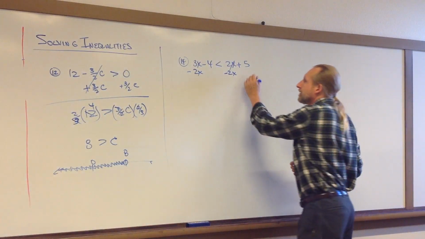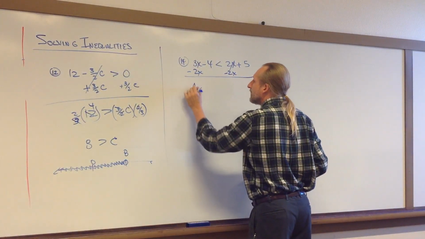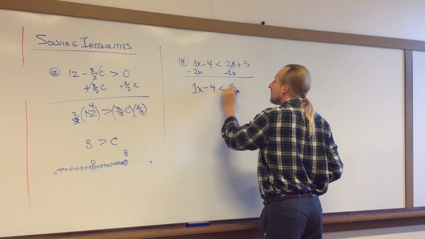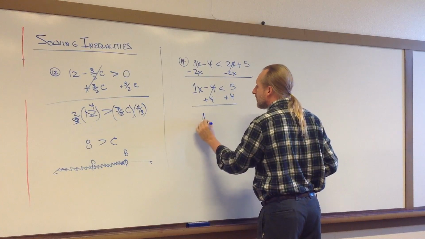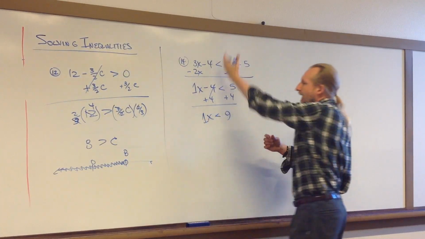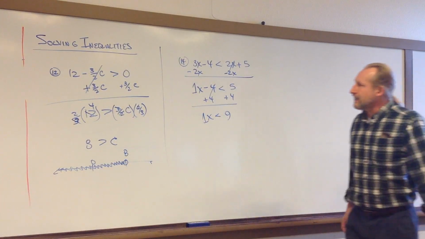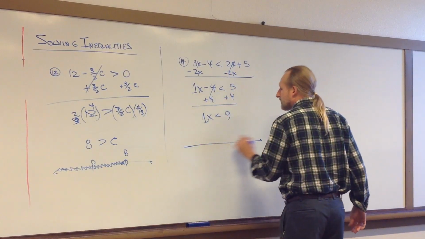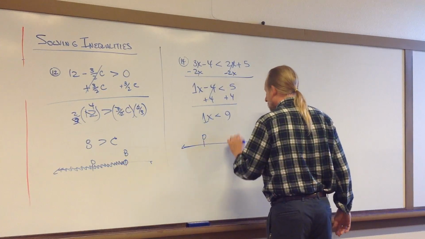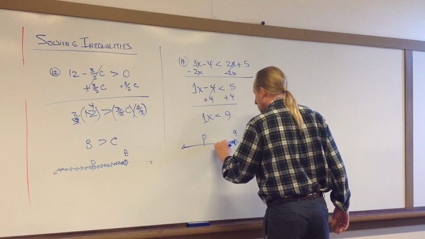That'll leave me with 1x here, minus 4, less than 5. Add the 4 to both sides. Now notice I haven't multiplied or divided by a negative, so this thing never changes. And my answer is x less than 9.